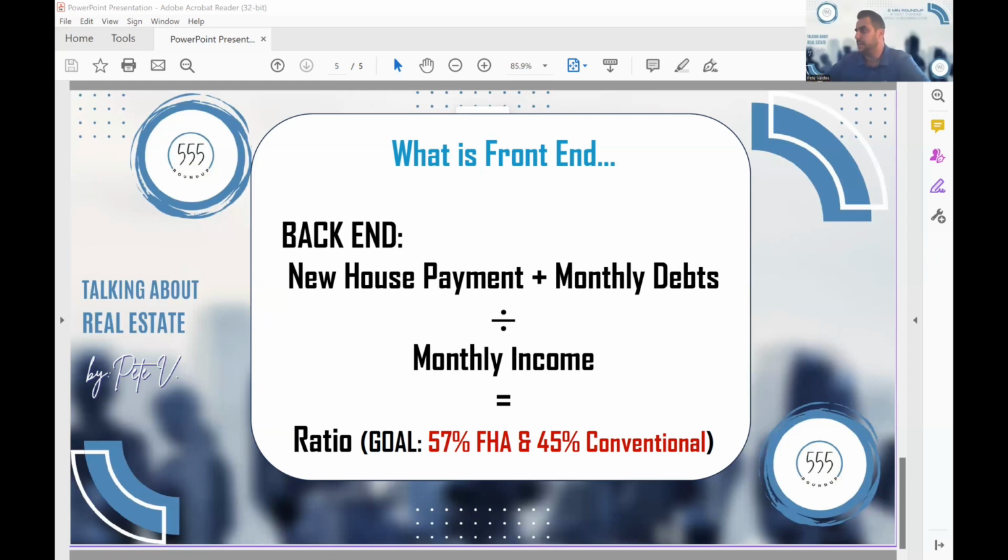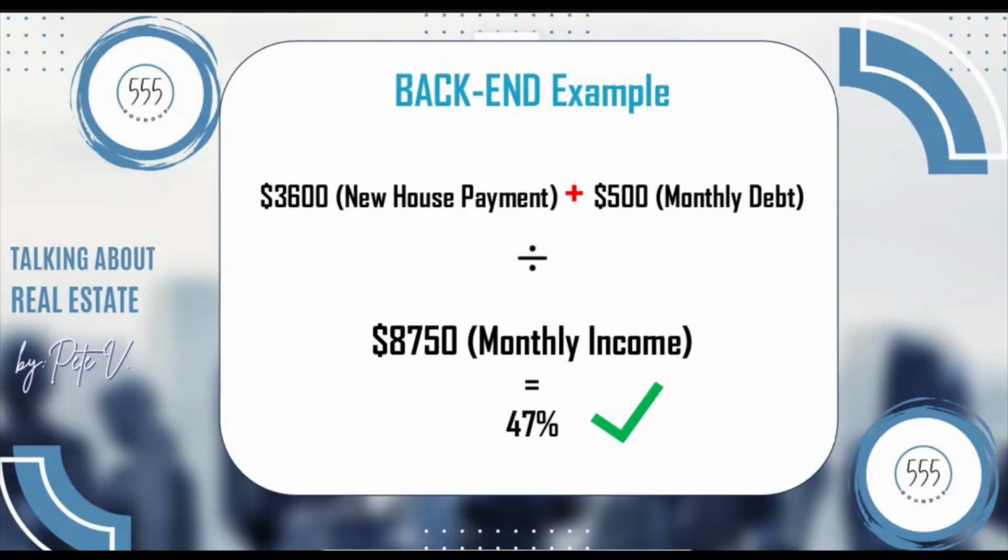Now, if I do the same thing and add any debts, right? If I do 3,600 plus a $500 car payment, I'm now at 4,100.